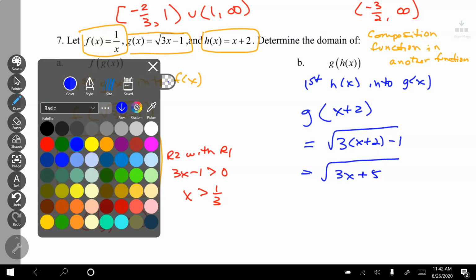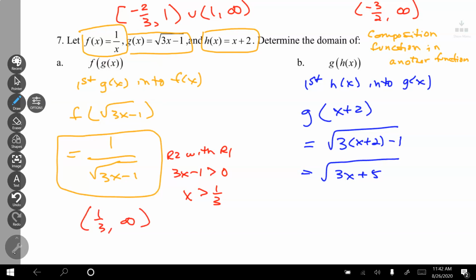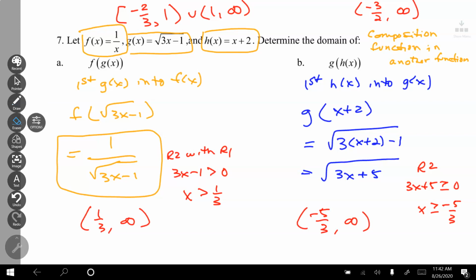Well, this is just rule number 2. Nothing special. Rule 2, 3x plus 5 is greater than or equal to 0. X is greater than or equal to negative 5/3. So my domain is negative 5/3 to infinity, and I made a mistake, which is fine. I can erase it because it should be a bracket. It is included.